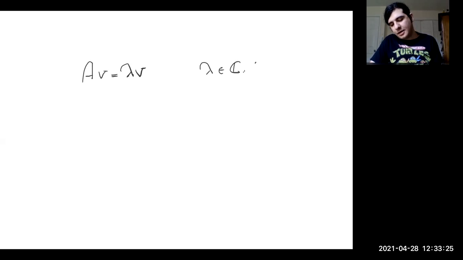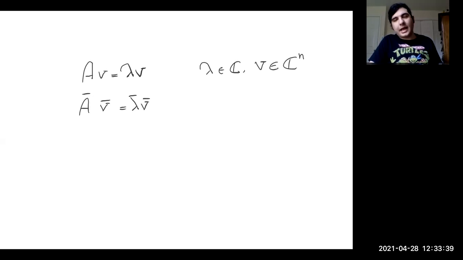So we know Av equals lambda v, but the point you raised is that a priori this is a complex number and v is a complex vector. We should show everything is real. That is correct. And I can apply the complex conjugate to everything.